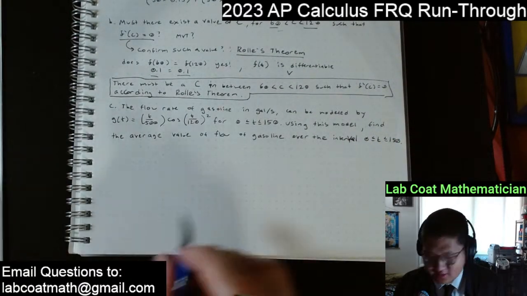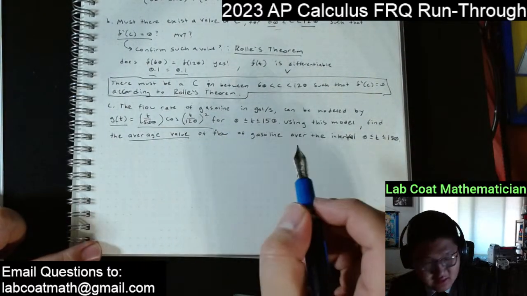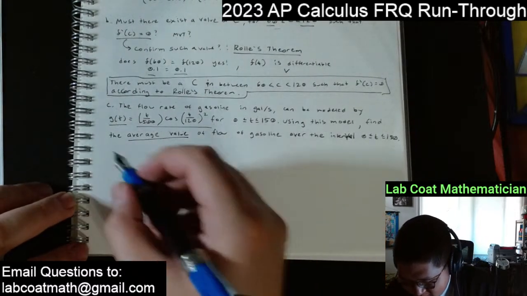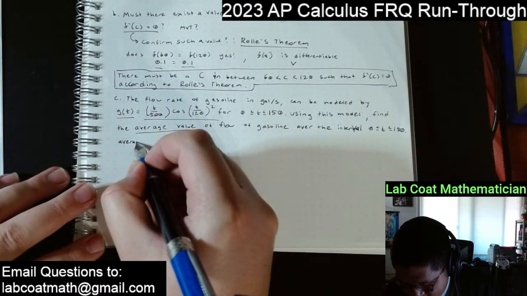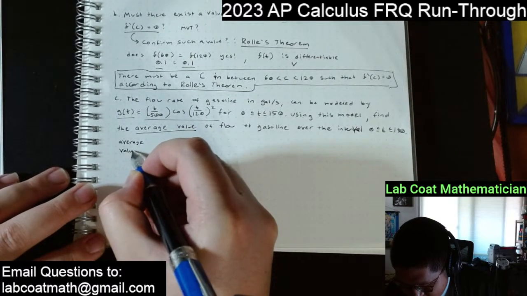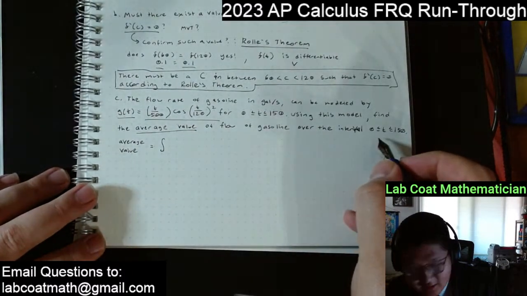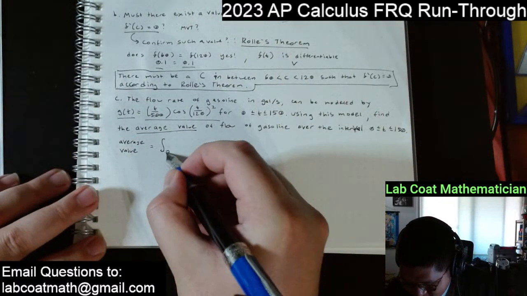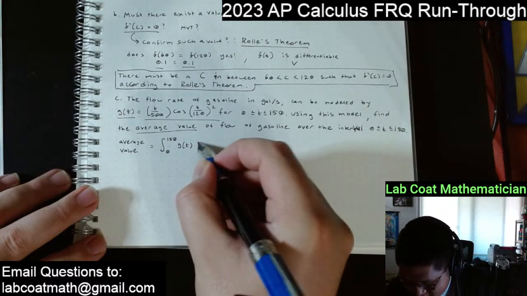And this time, again, this is the average value of the function g of t, this nice equation that they gave to us. Average value, of course, means that we have to bust out that lovely average value equation. So the average value in this case will be equal to the integral over the time interval, which for us will be 0 to 150, of g of t dt.